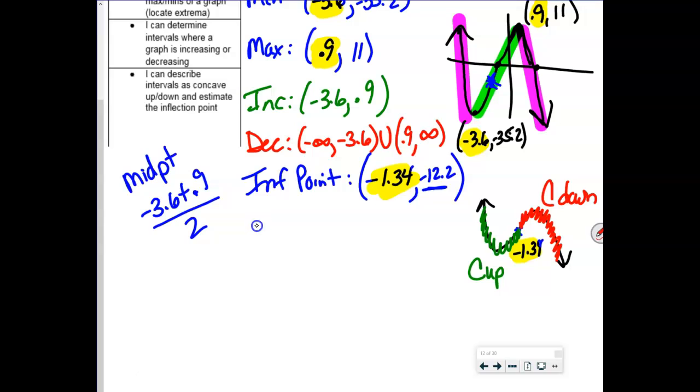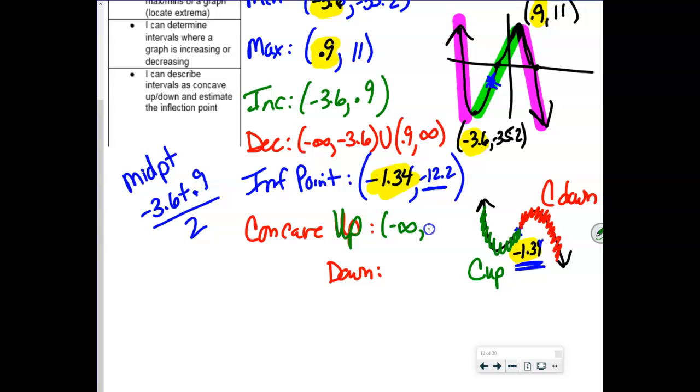So when I go to write the interval for concave up and down, this time you're only allowed to use the number negative 1.3 or negative 1.34 for any beginning and ending of an interval. So let's start with concave up. When is it concave up? Reverse that for me.